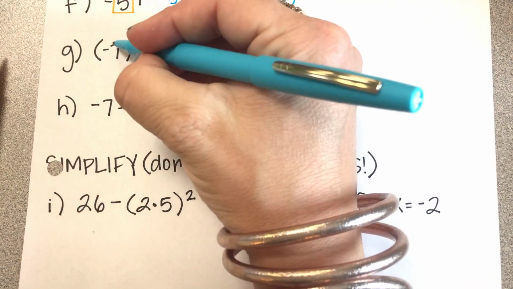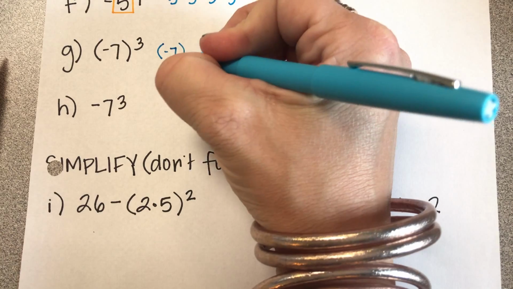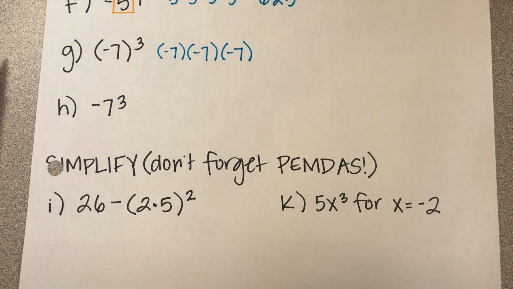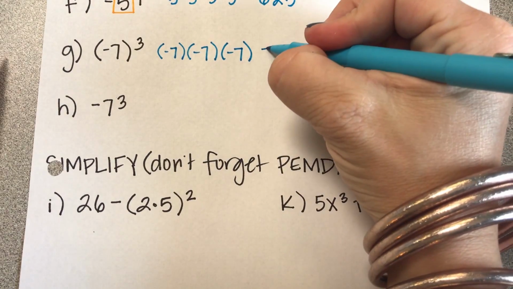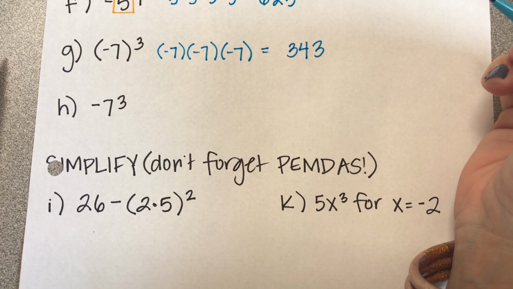Letter G, negative 7, the whole quantity being raised to the third. Negative 7 times negative 7 times negative 7. I know that 7 times 7 is 49, and then 49 times 7 is 343. Is it going to be positive or negative?